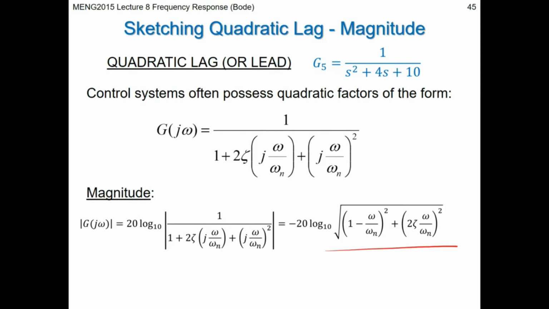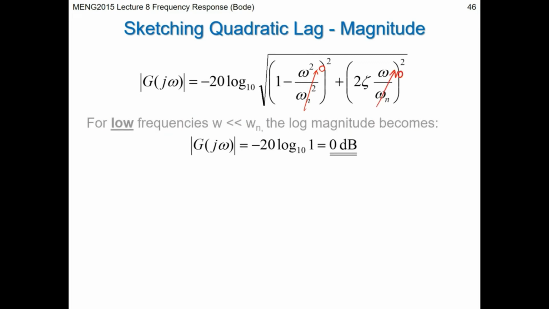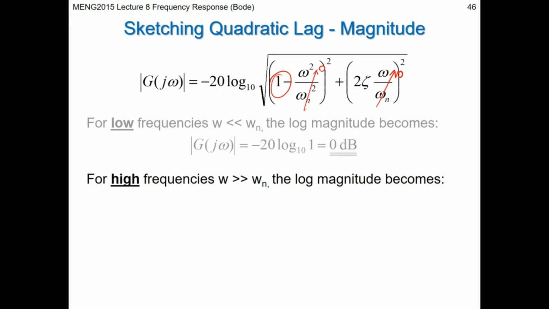We can see again certain properties: for low frequencies where omega is much less than omega n, this is going to 0. This is going towards 0 as well. So at low frequencies you're going to have 0 decibels basically, because you only have a 1 left over, and the log of 1 is 0.